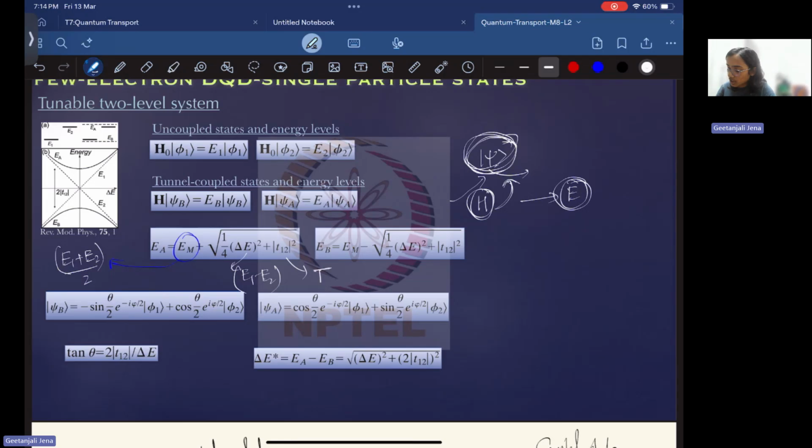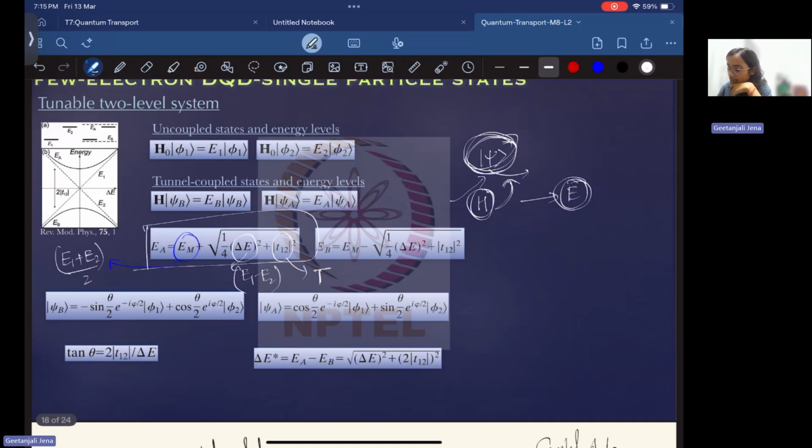So it is related to T, which I've shown in the Hamiltonian. Okay, so we can represent EA in this form. So it depends on both delta E as well as the coupling matrix, the tunneling matrix element.